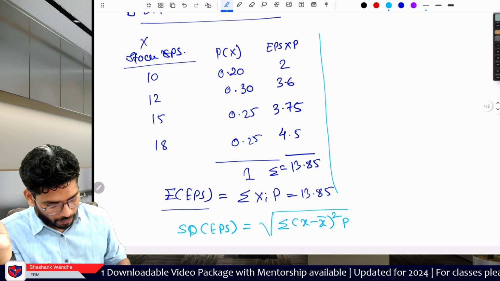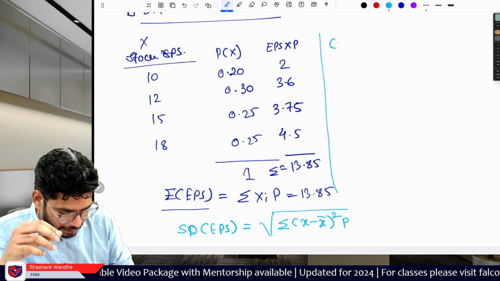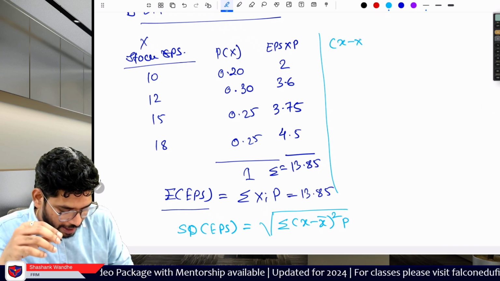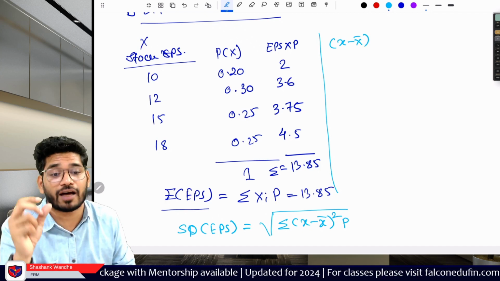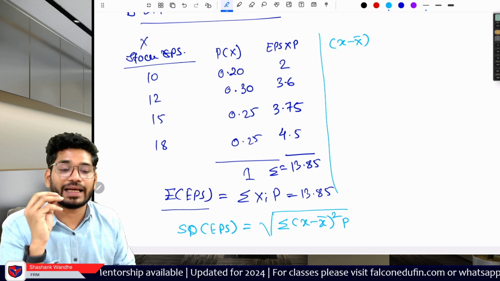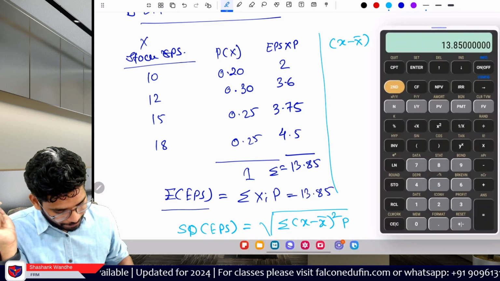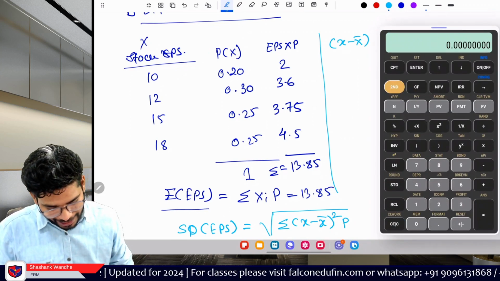Now to do the calculation, we simply start. First, we calculate the distance from the mean, which is x minus x bar. As I said, I'm writing x bar for understanding and memorization purposes, but the actual term should be expected value of x, E of x. So first we calculate the difference, x minus x bar.